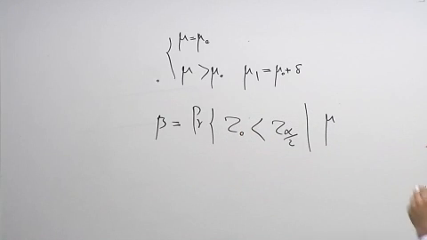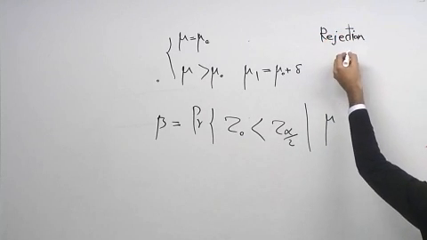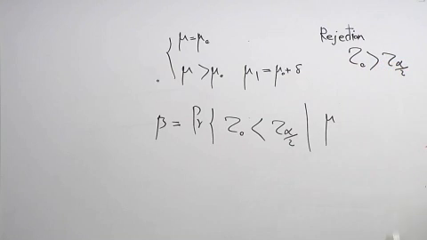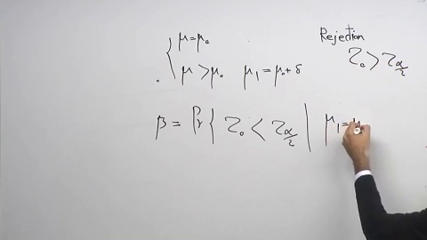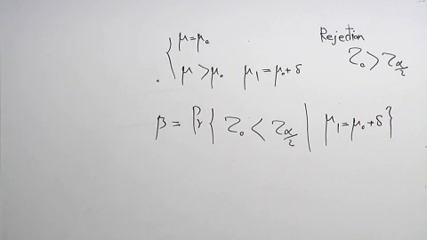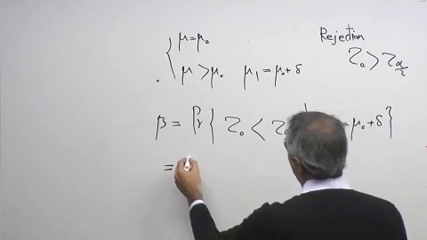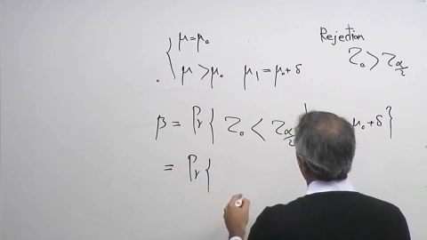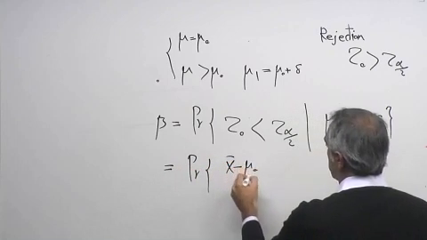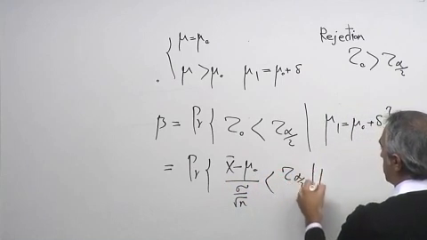So rejection region is Z0 greater than Z alpha over 2. Mu 1 is mu 0 plus delta. Again, what I'm trying to do here is to find beta for one-sided hypothesis testing. I'm sorry, yes, one-sided. This was for two-sided. And if you do that, then probability of x bar minus mu 0 divided by this guy is this.